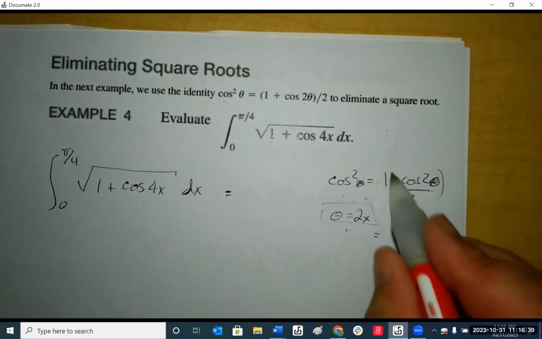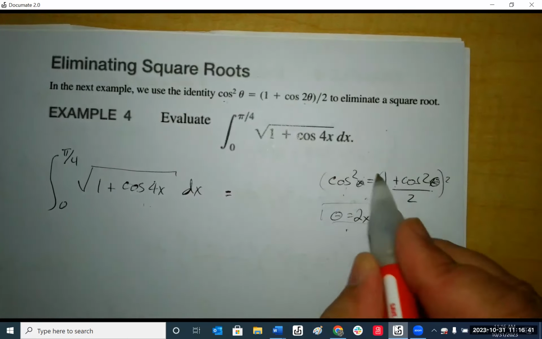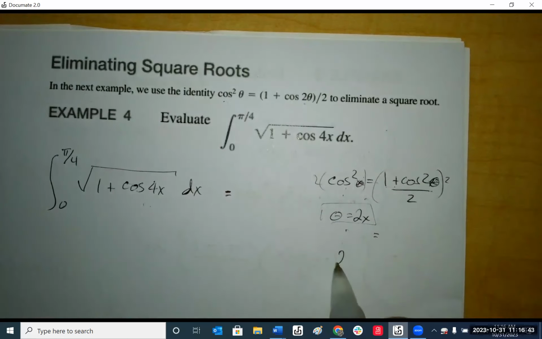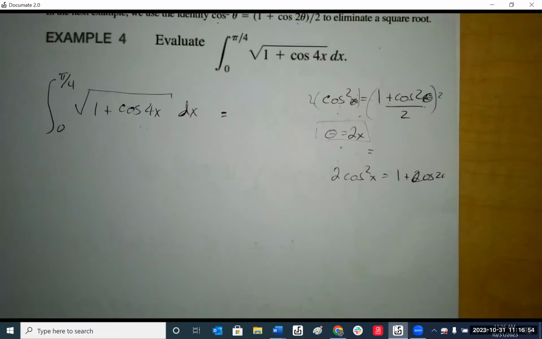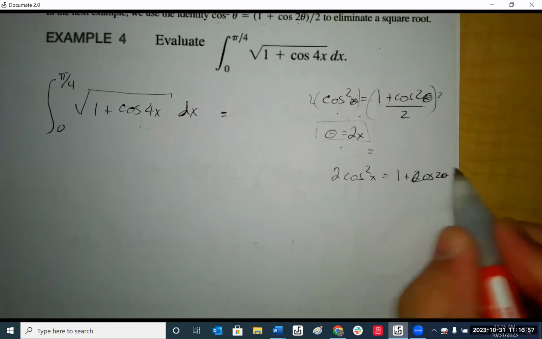If we multiply both sides by 2, we have 2 cosine squared x equals 1 plus cosine 2x, okay? Or theta.